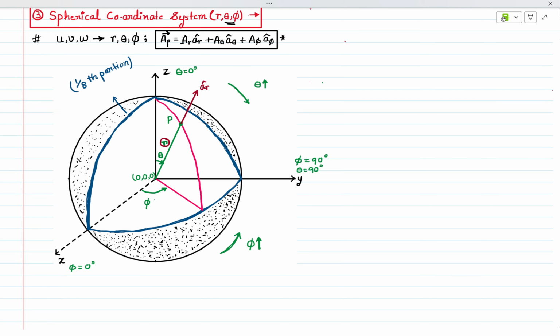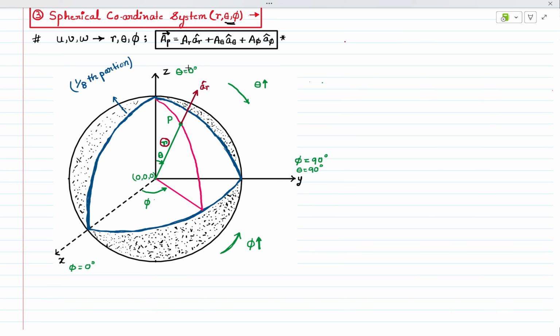Similarly, what is the theta direction? For theta direction, look at this. Theta is increasing from the z axis toward the xy plane.